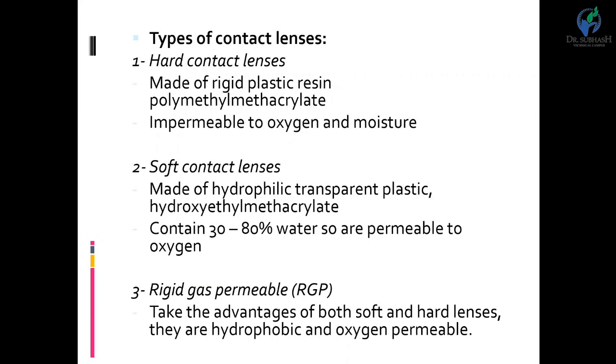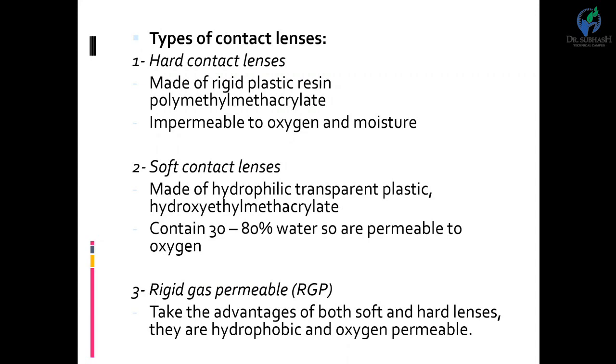Types of contact lens: hard contact, soft contact, and rigid gas permeable. Hard means made up of rigid plastic resins like polymethyl methacrylate based polymers, which are impermeable to oxygen and moisture.